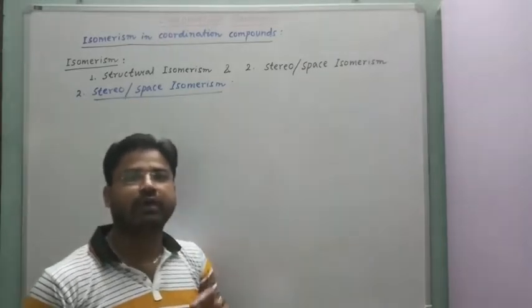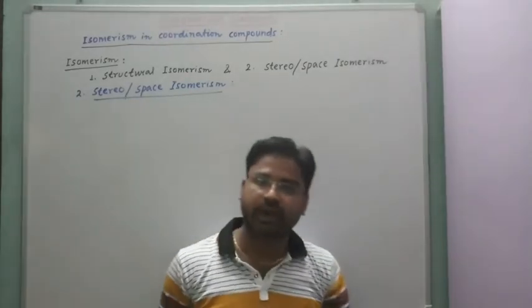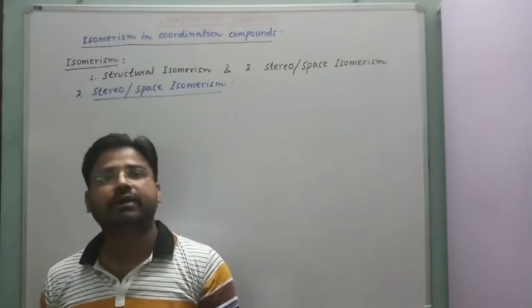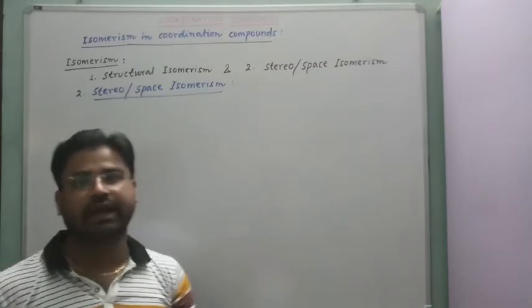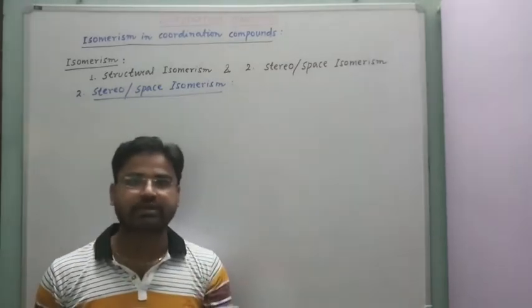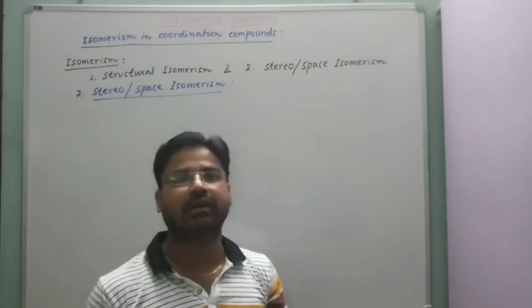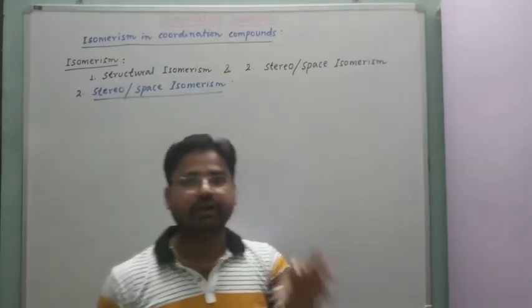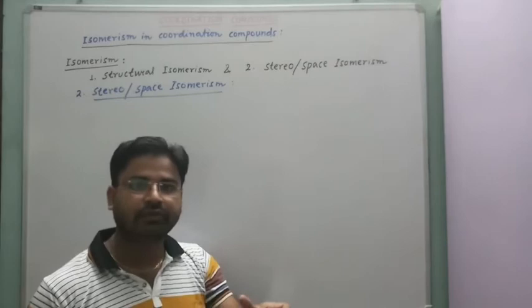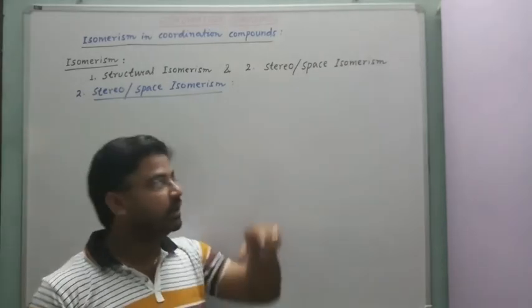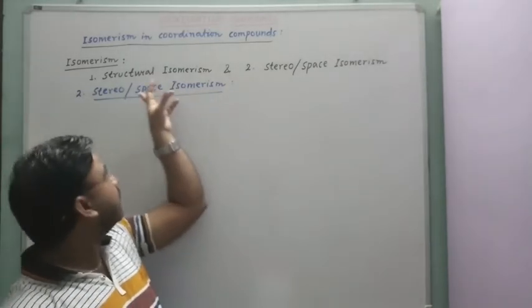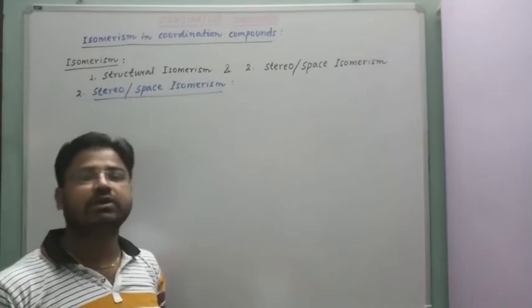This type of isomerism arises on account of the different positions and arrangement of ligands in space around the central metal ion. So stereo or space isomerism arises due to different positions and arrangement of ligands in space around the central metal ion.